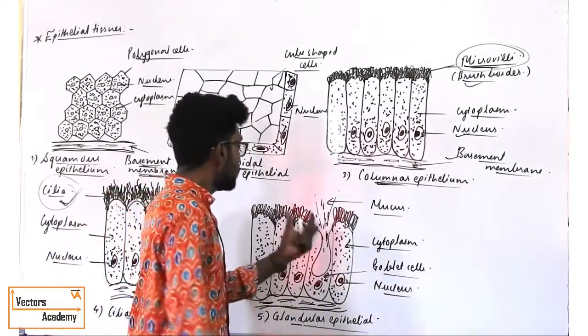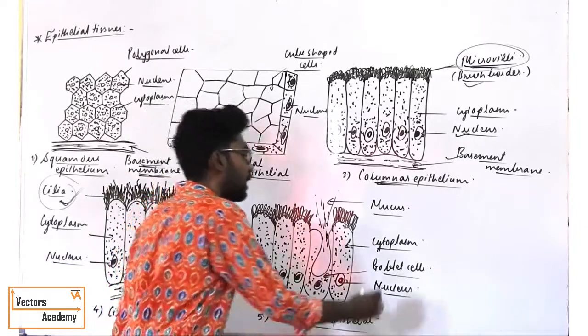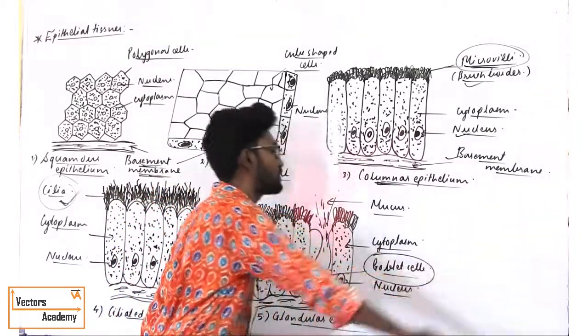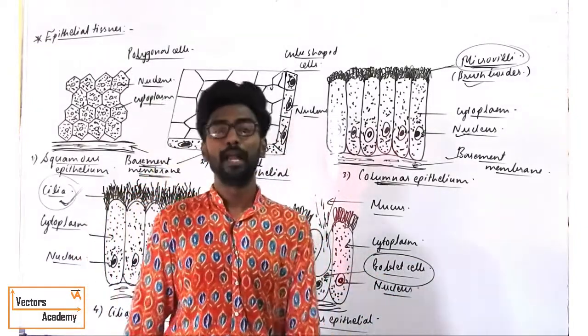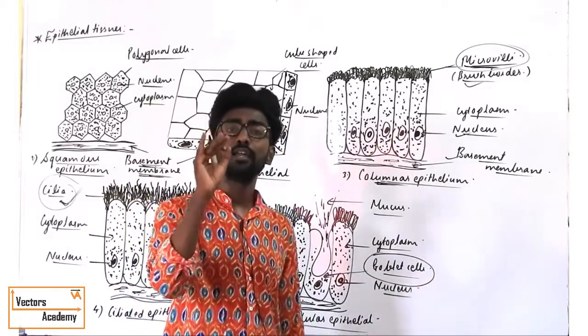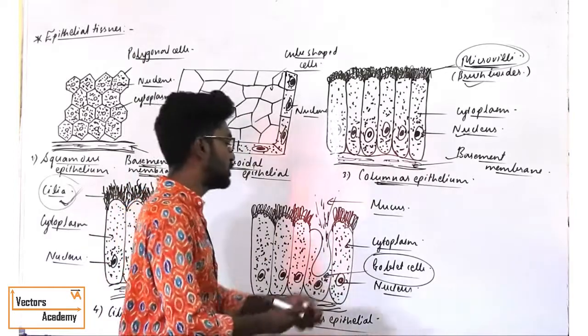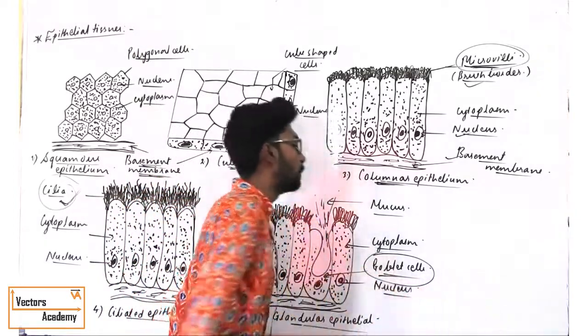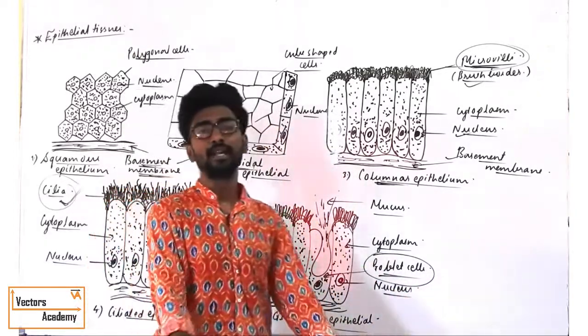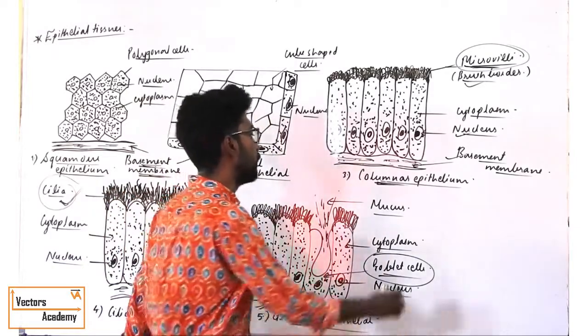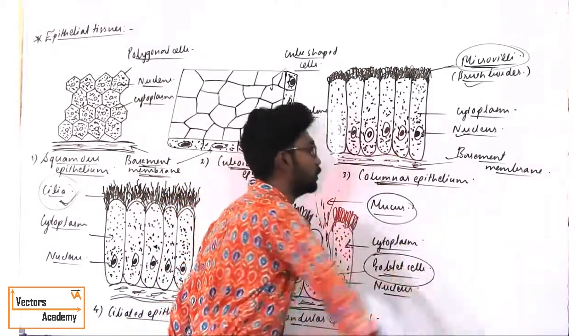Now this glandular epithelial tissue contains a specialized type of cell called the goblet cell. The only peculiar feature of glandular epithelium compared to the rest of the tissues is that it contains goblet cells, which are large cells responsible for the secretion of mucus.